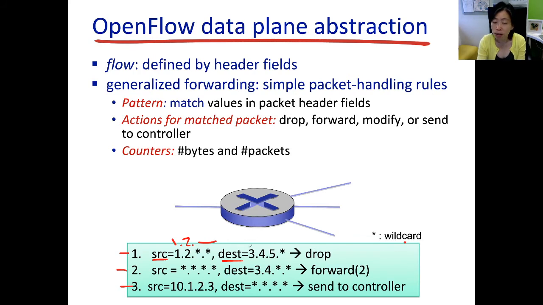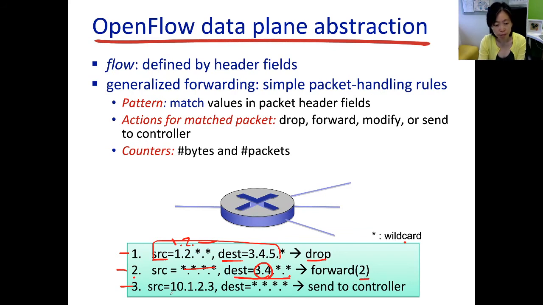The destination address must match 3.4.5 for the first 3 octets, and it doesn't matter what the 4th octet is. All packets matching this pattern will be dropped. In the second example, the source can be anything, but the destination address needs to match 3.4.*.*, and then we forward all those packets to interface 2.